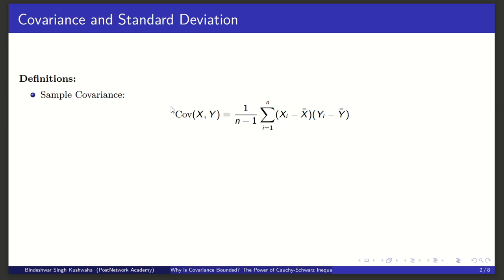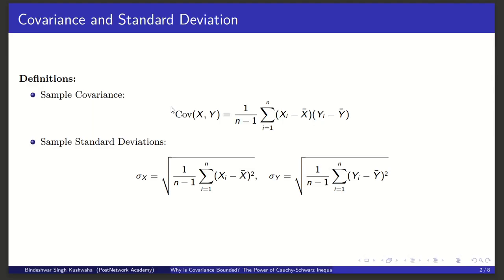So covariance, sample covariance. That is 1 upon n minus 1. Basically there are two types of covariance, sample and population. I am using the sample one. So the sample one would be 1 upon n minus 1, summation over i equal to 1 to n, (xi minus x bar) times (yi minus y bar).